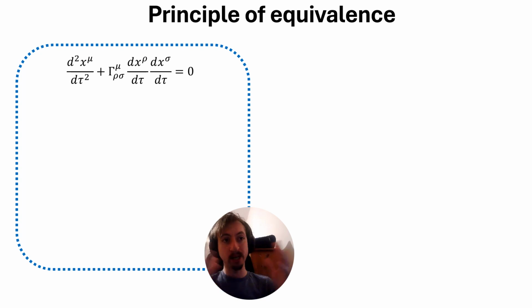And by acceleration through space-time, I will mean, at least for this video, the first term in our equation on the left-hand side. So when I say acceleration through space-time, I mean the second-order derivative of full position with respect to proper time. Now if we're going to analyse our geodesic equation, we need to think about what coordinate system we're going to use.